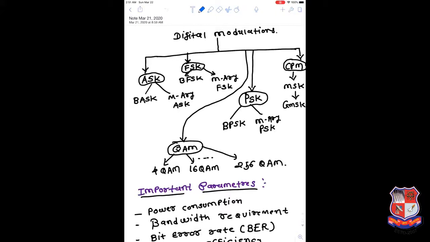So modulation is a very essential process if we are dealing with wireless communication.